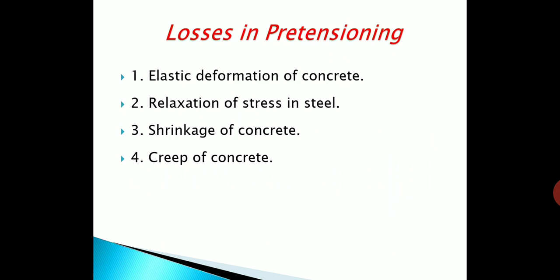So losses in pretensioning. Pretensioning, which you have studied previously, if we go for the pretensioning process, the PSC members can undergo 4 types of losses, which are elastic deformation of concrete, relaxation of stress in steel, next is shrinkage of concrete, and the last one is creep.